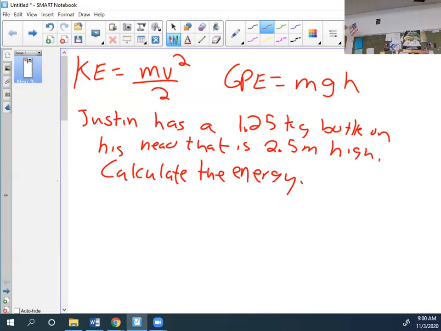So our first question, when we ask to calculate the energy, is what type of energy are we calculating? Kinetic energy or gravitational potential energy? You're correct, but why?